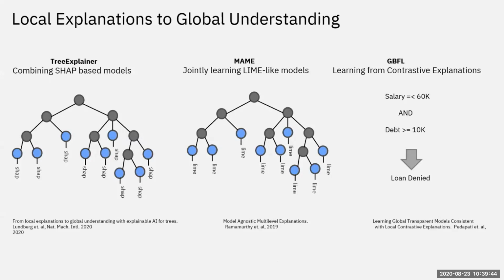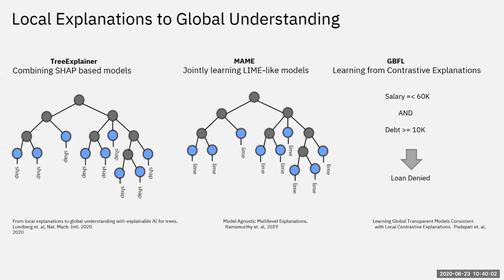Similarly, you can do things with LIME, where you can not only learn local LIME models, but also group level LIME models and then a global LIME model. And this can give you essentially explanations, not just at the local and global, but even intermediate levels.